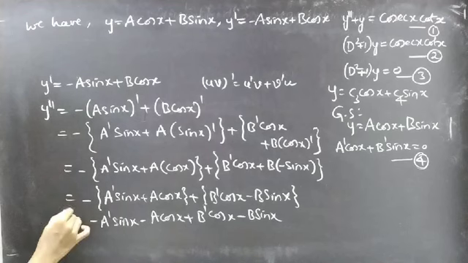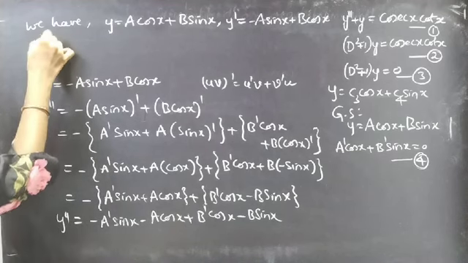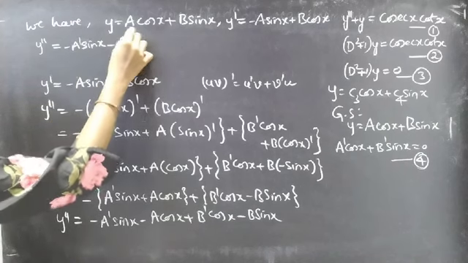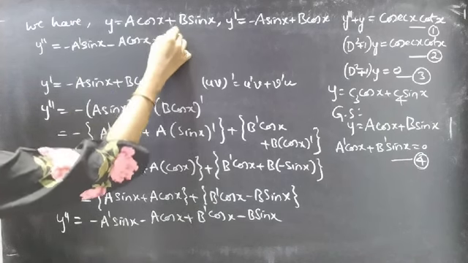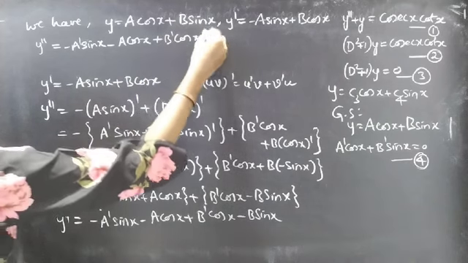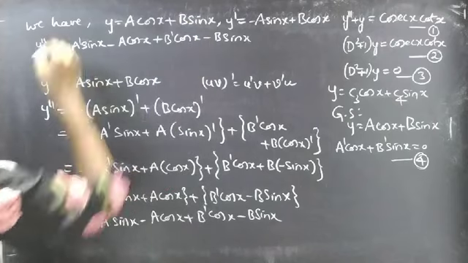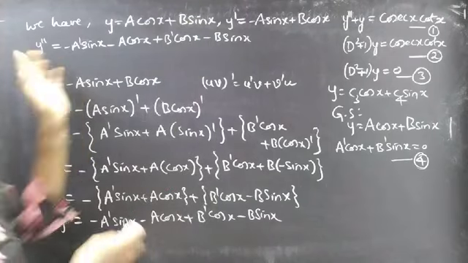So we got y double dash now, right? y double dash equals minus a' sin x minus a cos x plus b' cos x minus b sin x. Now we are having y, y dash and y double dash.